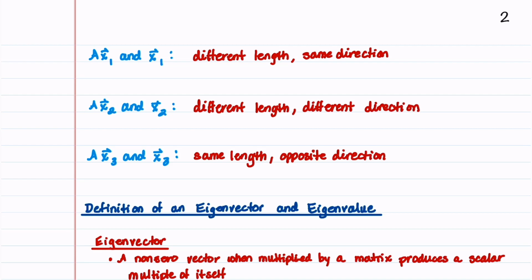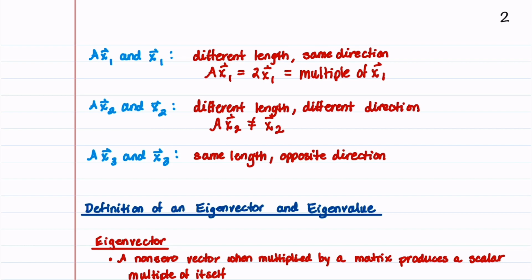Ax1 and x1 have different lengths but the same direction. From our calculation, we found that Ax1 is equal to 2 times x1, so we can think of this as a multiple of x1. Ax2 and x2 have different lengths and different directions, so we're going to say that Ax2 is not equal to x2, or a multiple of it.